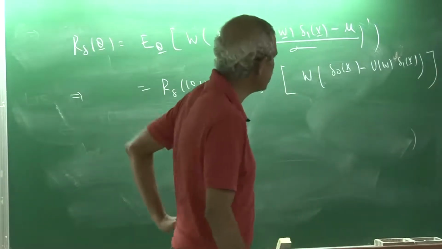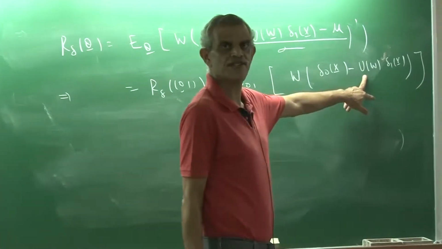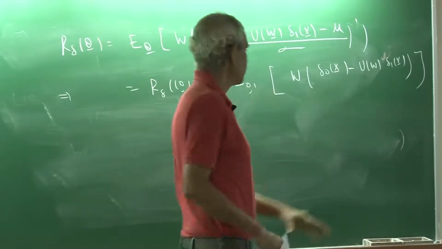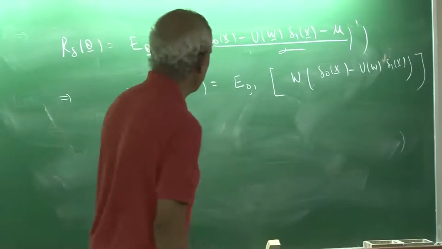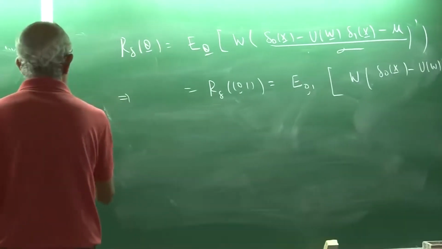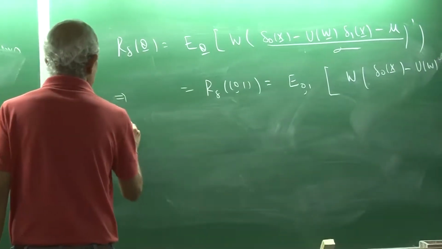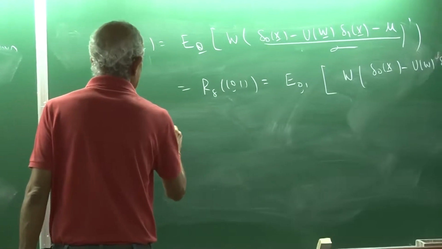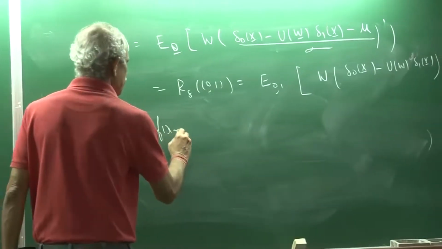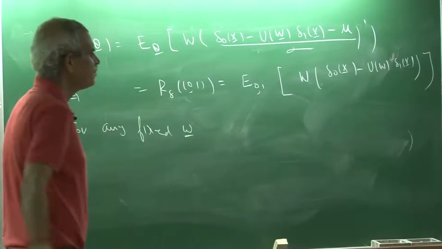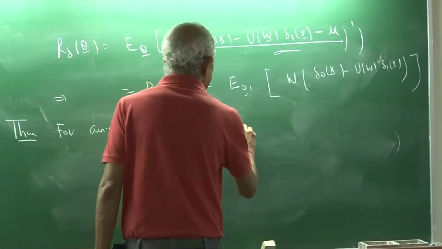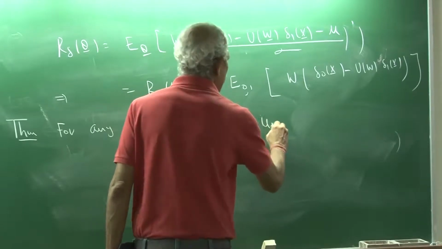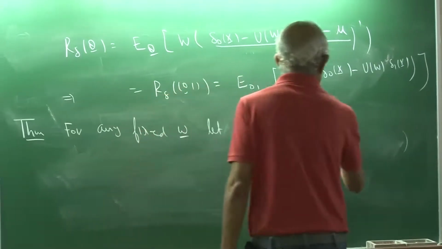So I try to minimize this for every fixed w, and that gives me the result, the way we did it in the location and scale case. So I can write down the theorem: for any fixed w, let u star, which is u star of w, minimize.